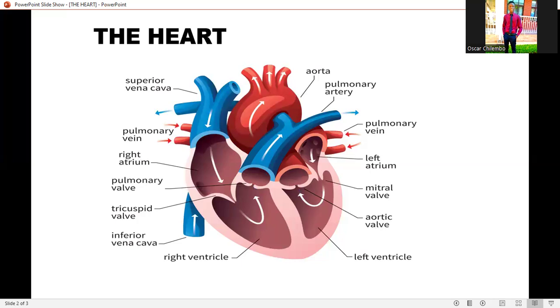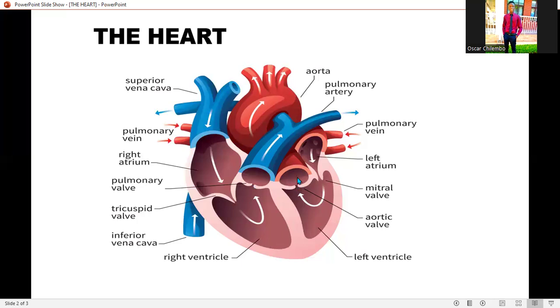So the entire essence is that for this blood to be sent to the lungs via the pulmonary artery, this valve should open, and for this oxygenated blood to be distributed across the body, they should open this valve so that it can go. Once blood goes, then this valve closes.